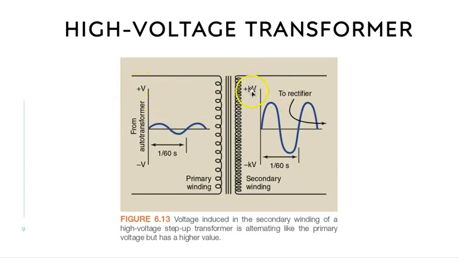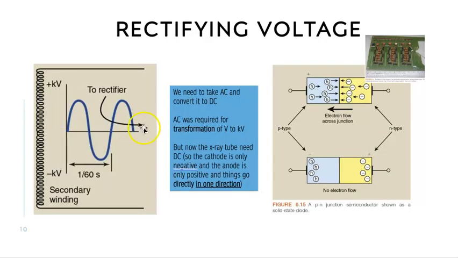What happens now with our kilovoltage is that we send it off to a rectifier bank. We need to rectify the alternating current that we had to have for this step-up transformer and convert it to DC, basically.